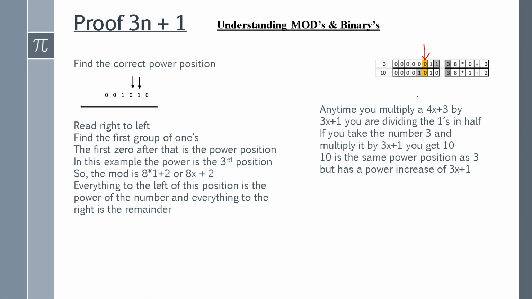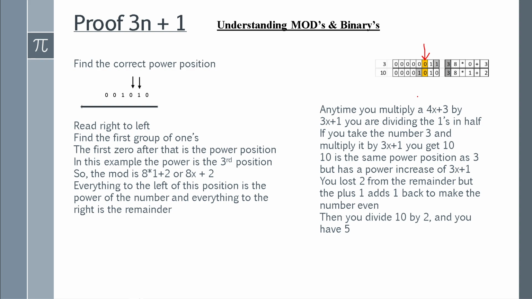Then we divide by 2. So on the right, we multiply by 3, add 1, divide by 2. We now have divided our power in half. We went from 8 to 4.